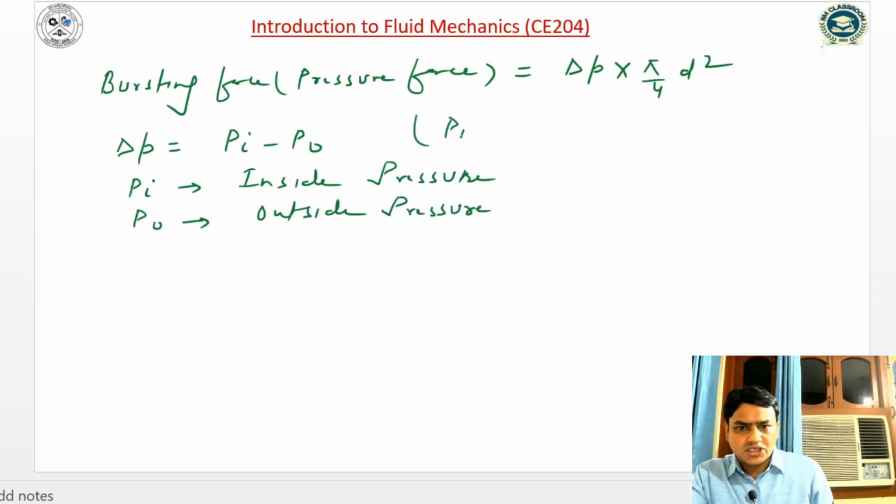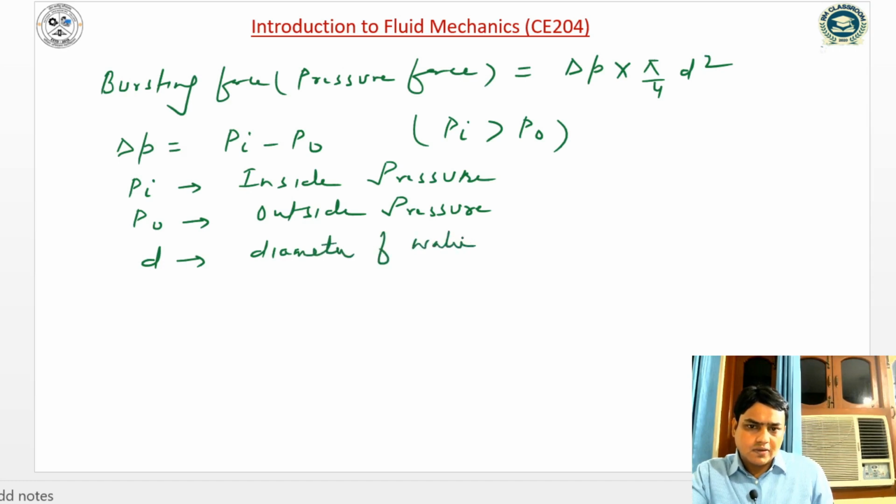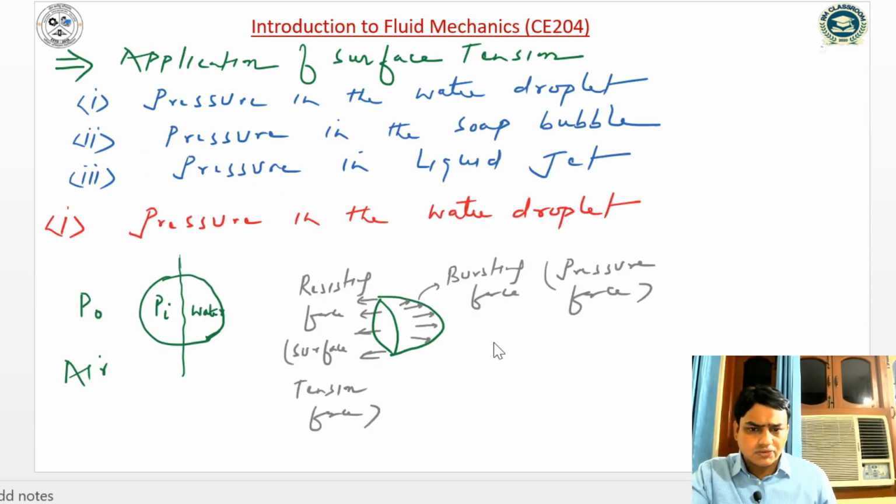And one thing, inside pressure is always greater than outside pressure. So the bursting force or pressure force here is equal to delta P into pi by 4 into d square.